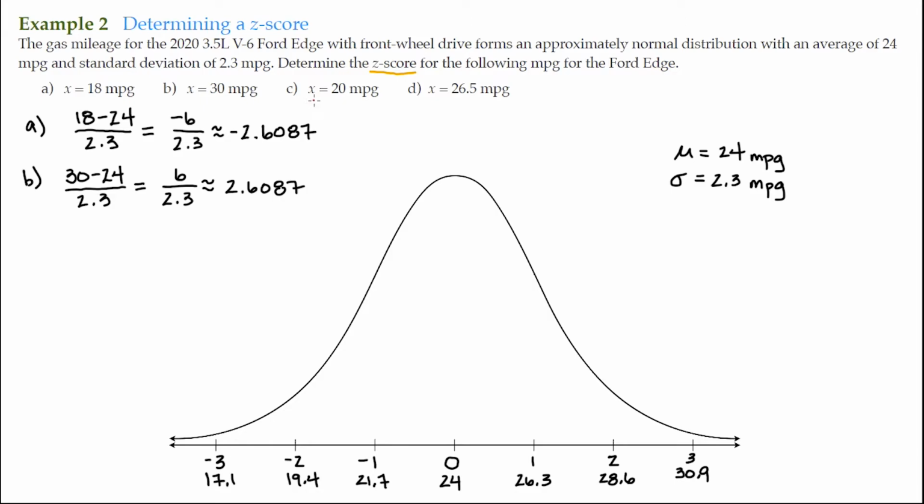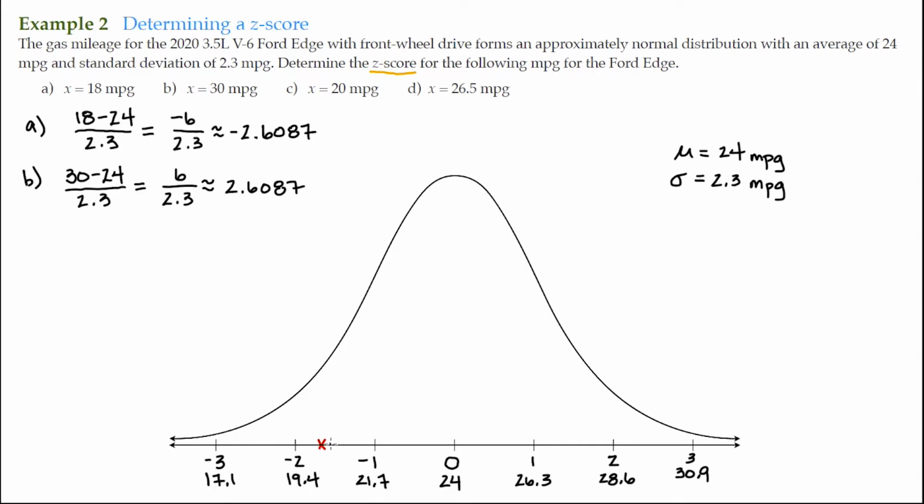C says x is equal to 20 miles per gallon. Well, here's 21.7. And here's 19.4. So I'm going to say it's probably right around here. And again, we just eyeball it. What this does is, when we have this distribution graphically, it gives us a sense of what's going on before we do everything mathematically.